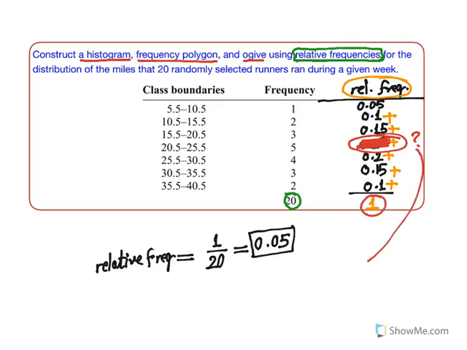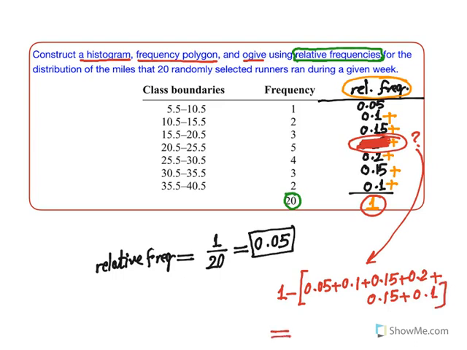So you would say that this question mark is just 1 minus the sum of the rest, 0.05 plus 0.1 plus 0.15 plus 0.2 plus 0.15 plus 0.1. If you subtract all of this from 1, you will recover your 0.25. Okay? So remember this important fact, because it will make you understand things better in the graphs.